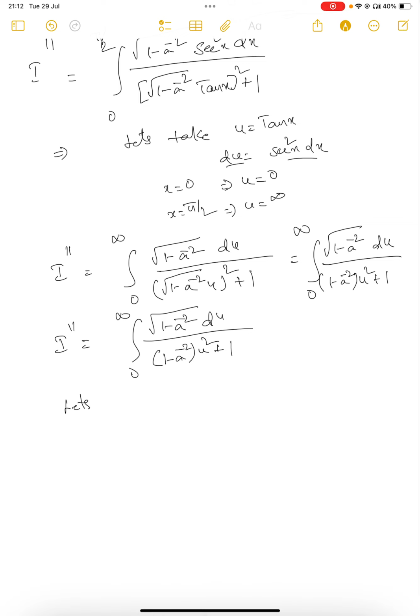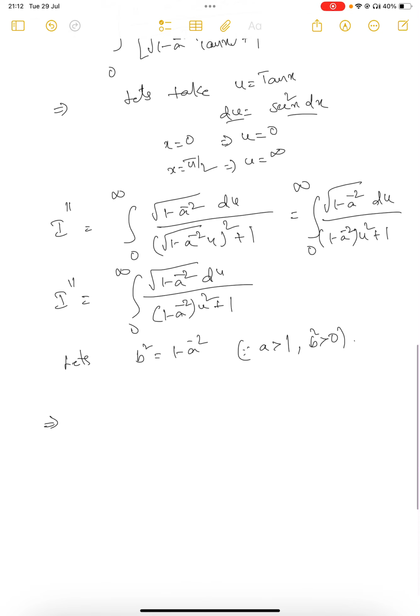Let's make a substitution here even. Let's say b square as 1 minus a power minus 2. Here a square is greater than 1, then b square must be greater than 0, right? Fine, that will be fine. Then there will be no imaginary part from there.